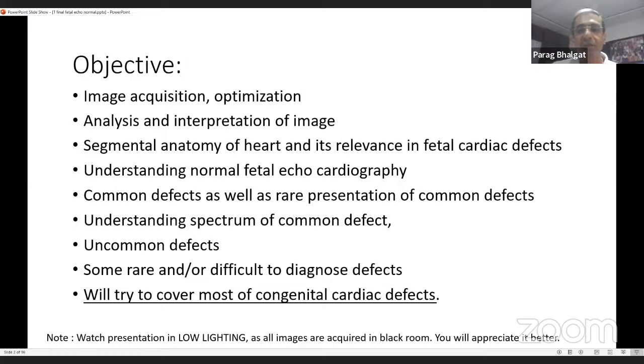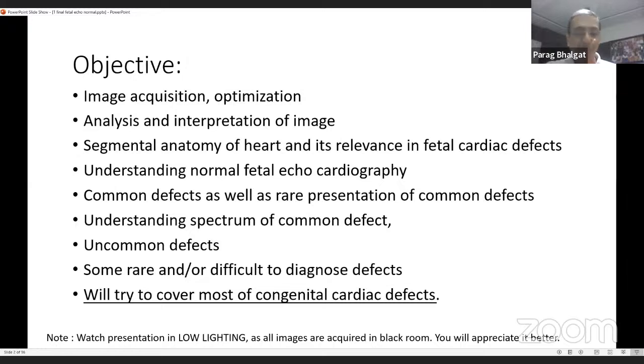I will be focusing more on technical aspects of fetal echo, like image acquisition, image optimization, analysis and interpretation of images, understanding segmental anatomy of the heart and its relevance to fetal cardiac defects, understanding normal anatomy, common defects as well as rare presentations, understanding the spectrum of common defects, uncommon defects, and some rare or difficult to diagnose defects. We will try to cover most of the congenital heart defects.